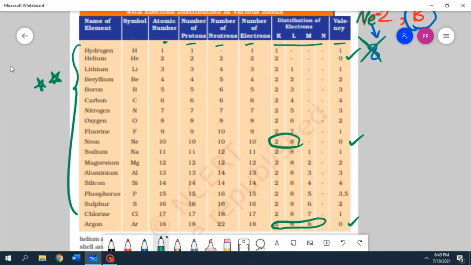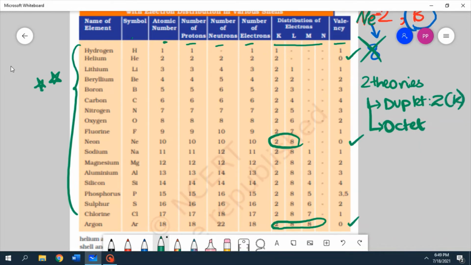Okay, so I want you to know two things right now. There are two theories. The first one is the duplet theory, D-U-P-L-E-T, and the second one is the octet theory. So the duplet theory says that if there are 2 electrons in the innermost shell or the K shell, then the combining capacity of that atom would be 0, right?